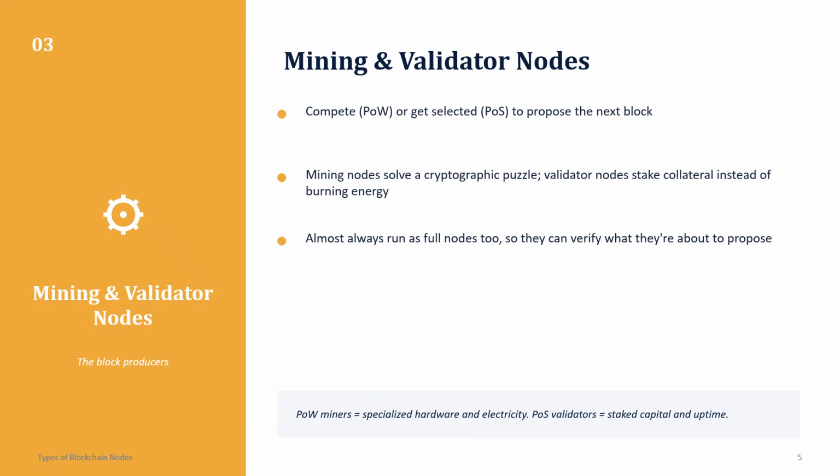Both roles are almost always paired with full node capability, so they can check the block they are proposing is actually valid. Proof of work equals specialized hardware and electricity. Validators mean staked capital and uptime.